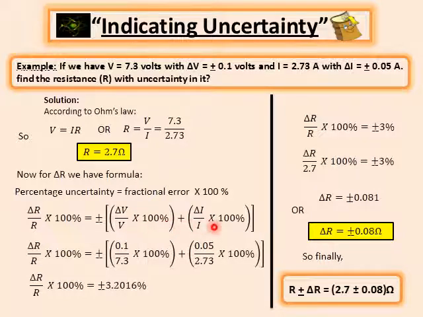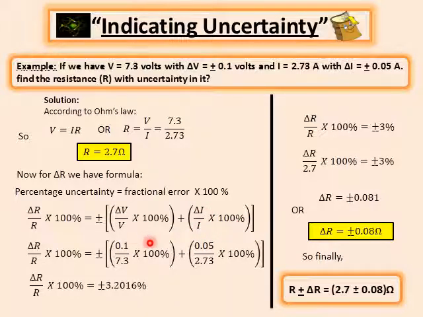After adding the percentage uncertainties in current and voltage, we have the percentage uncertainty in resistance. So ΔR/R × 100% is equal to ±(ΔV/V × 100% + ΔI/I × 100%).